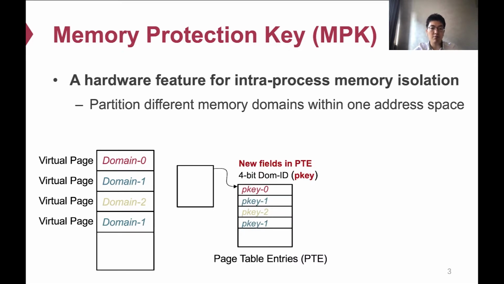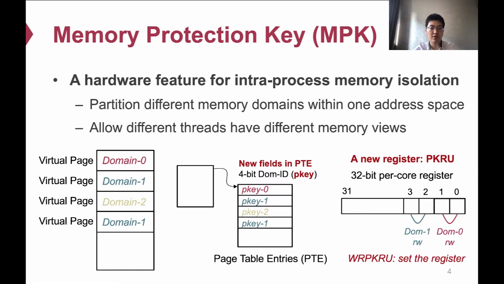By leveraging previously unused 4 bits in the page table entry, each memory page is tagged with a 4-bit protection key as a domain ID, and exclusively belongs to one of the 16 domains. A new 32-bit register PKRU is introduced to specify the access permissions, including read-only, read-write, and none on the 16 domains, 2 bits for one domain.